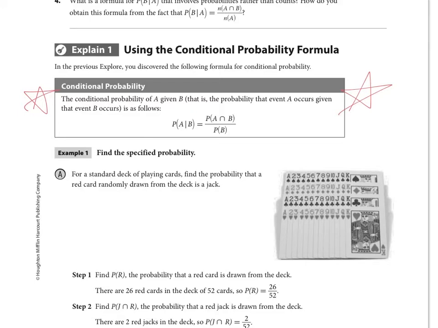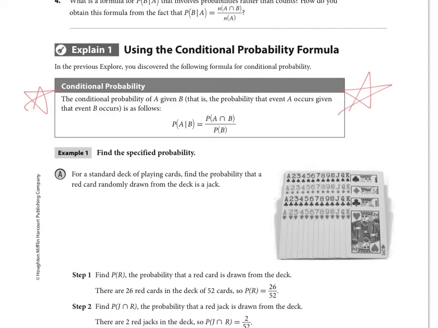So conditional probability, a reminder that that is the conditional probability of A given B, the probability that some event A is occurring given that event B has already happened, is as follows. Probability of A given B, remember, we can calculate as the probability of both occurring divided by the probability of the given condition occurring.